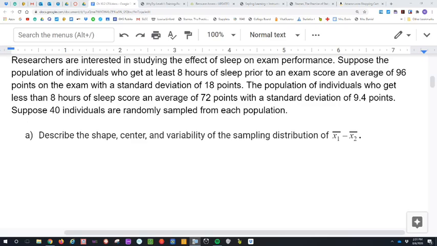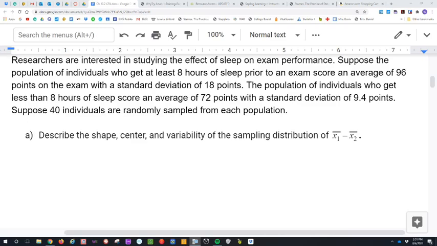It's an interesting question because when you read this, it gives you the population mean and the population standard deviation for the two groups, but it doesn't really tell you much, right? You don't know whether it is skewed left or skewed right. You don't know if the two populations are normal. You don't get a lot of information, and yet you're supposed to describe the shape of the sampling distribution, right?